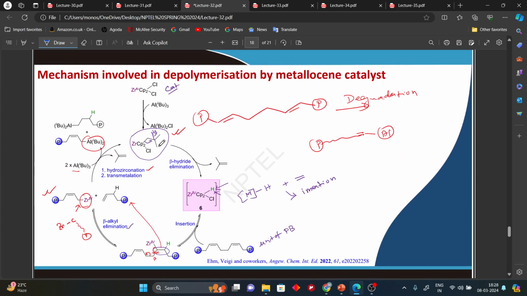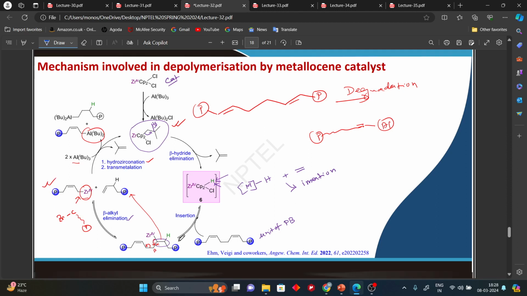This is the special pathway with aluminum, how it happens. First, aluminum and zirconium react and have this kind of species with your propene unit. Then beta hydride elimination leads to this kind of thing.